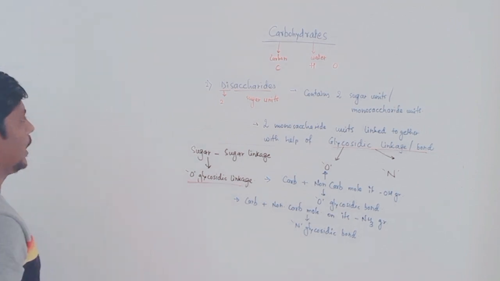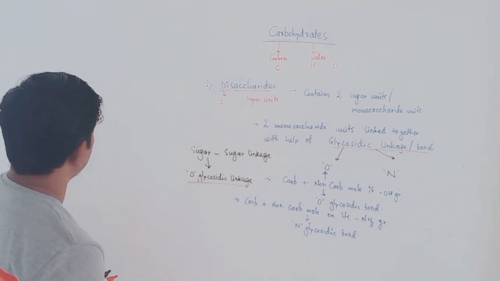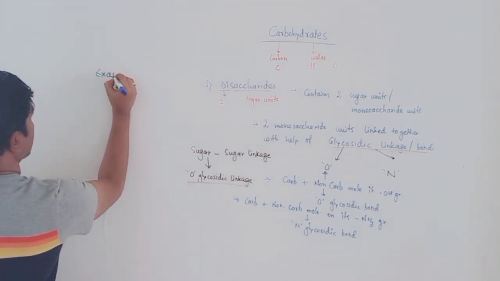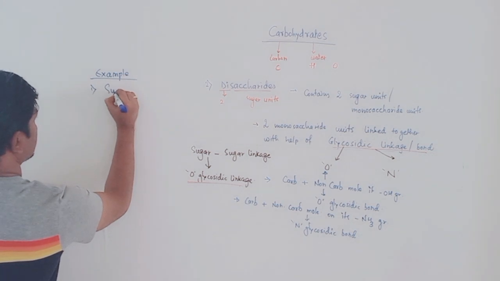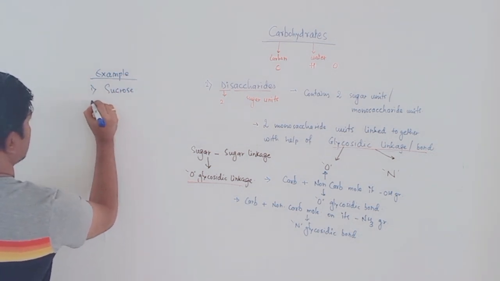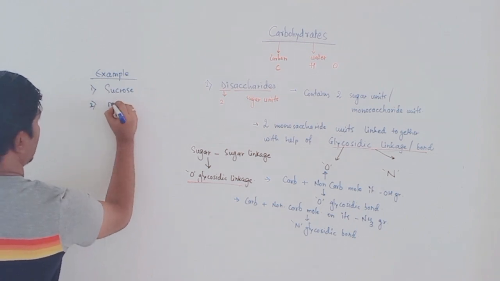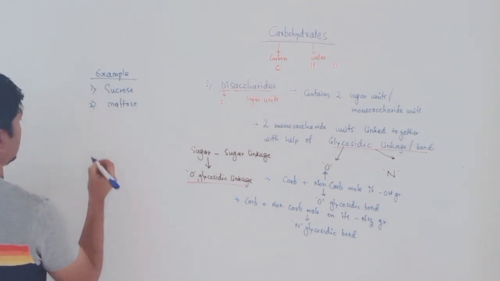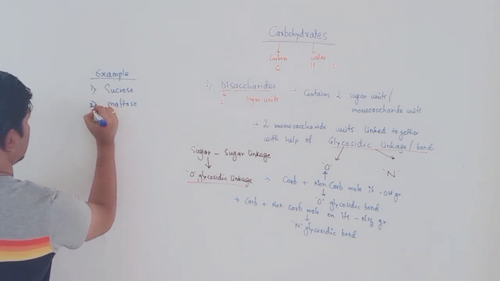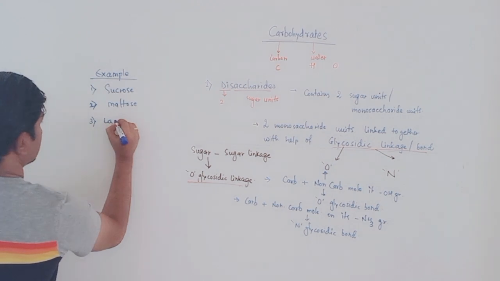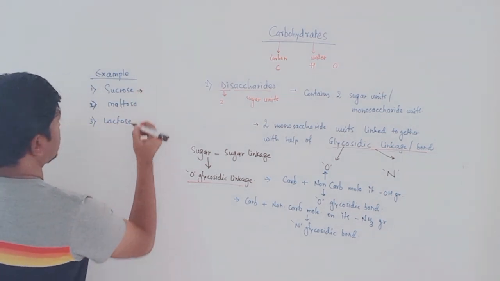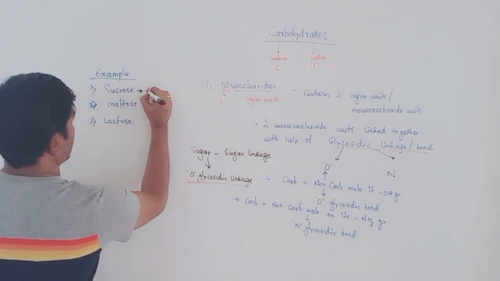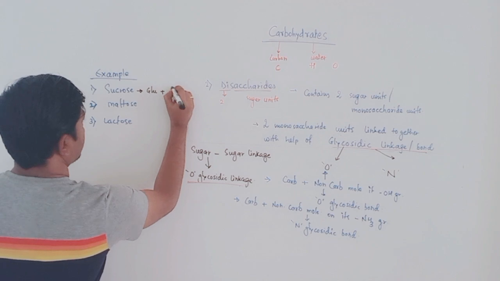So now what are the examples of disaccharides? The main examples are sucrose, maltose, and lactose. Okay. So this sucrose molecule is made up of one glucose molecule and one fructose molecule.